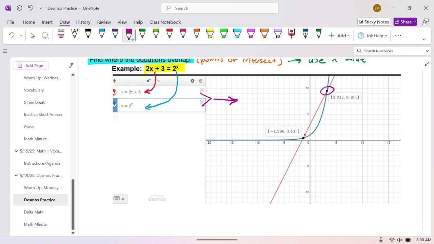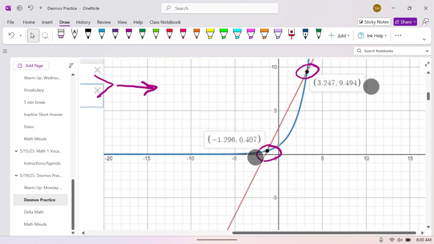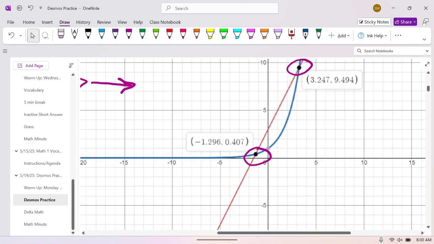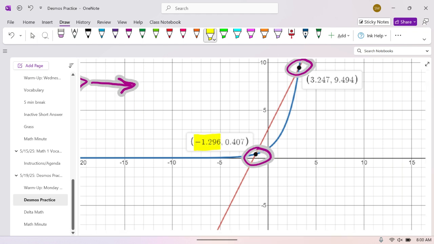So they intersected here and here. Now, when you're looking at the points, your answer is your x values of the point. So this would be one of your answers. This would be your other answer. So this is one where it has 2 solutions.